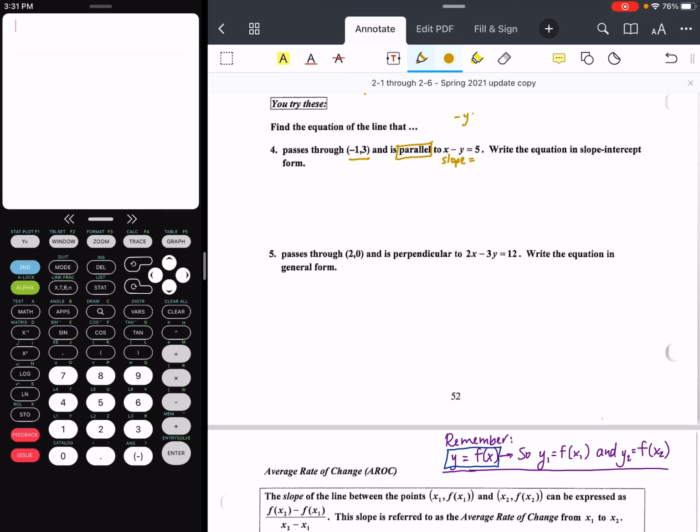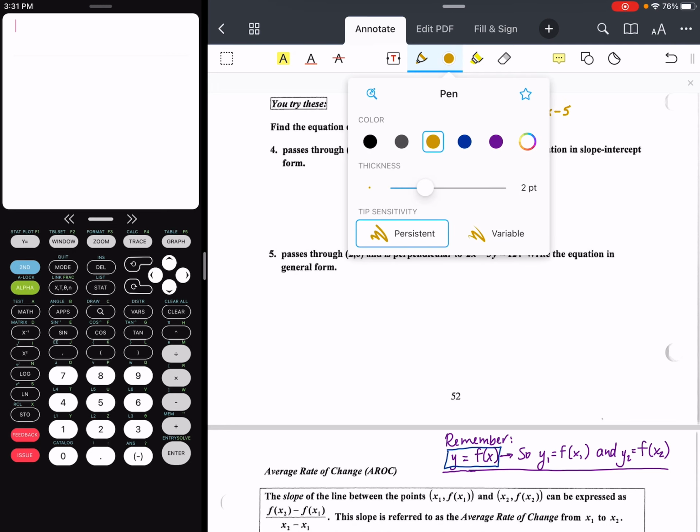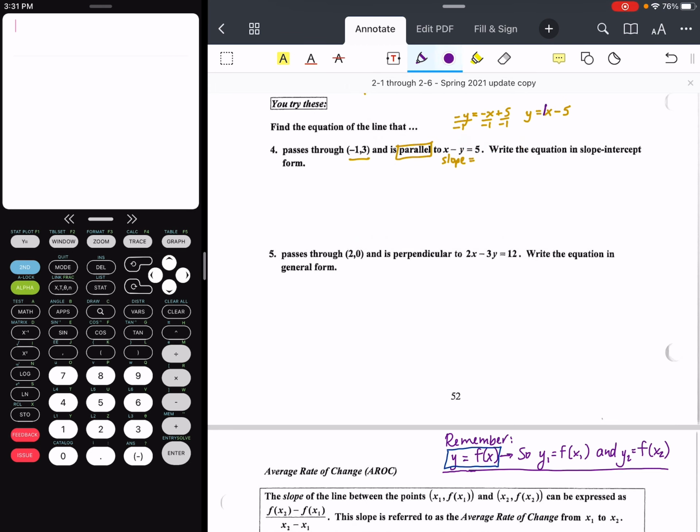First I would have negative y equals negative x plus 5, divide all the way across by negative 1, and we end up with y equals positive x minus 5. So this tells me that the slope of this initial line is 1. That means my parallel slope will also be positive 1.